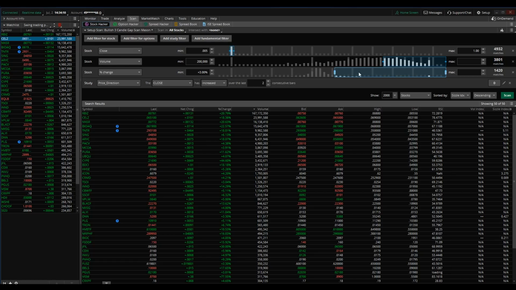To create this scanner, what you need to do is whatever you have in here, just come over here and delete that out. Come up here, you will add 3 of these stock filters, and then you'll add one of these study filters.